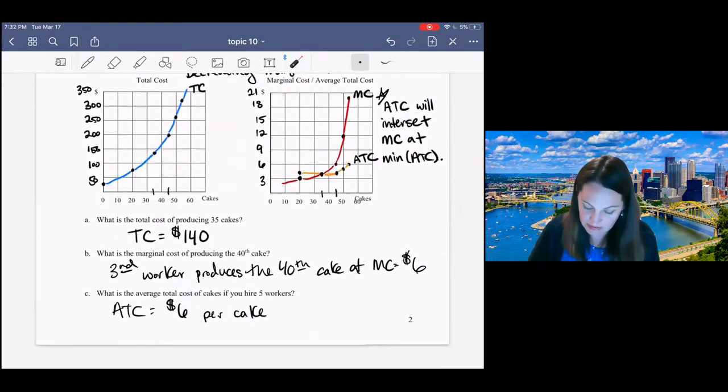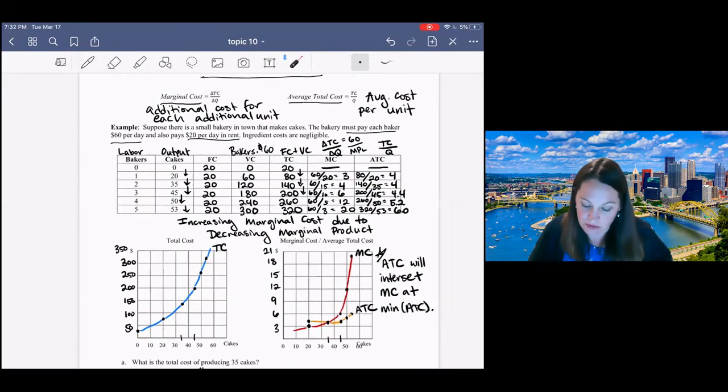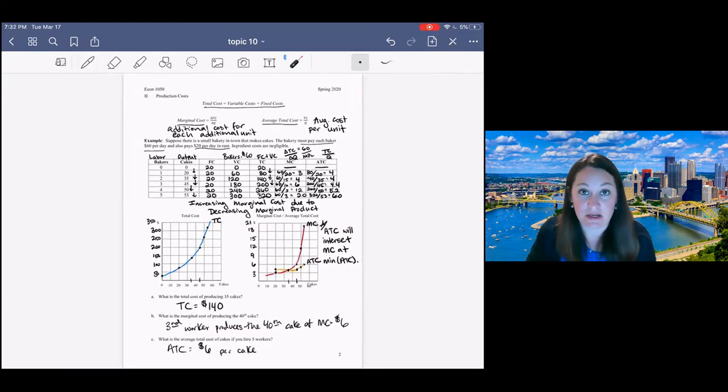All right, good. So that's the end of this page. Next time, we're going to use the same numbers, and we're going to start to think about how we can use these cost concepts to predict firm behavior.